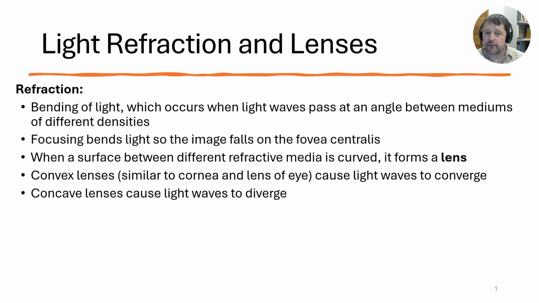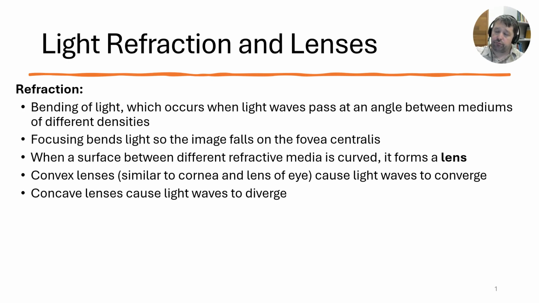Refraction is the bending of light. And so this happens when light passes through different media. So if light's going through the air and then it goes into water, it will refract or bend.